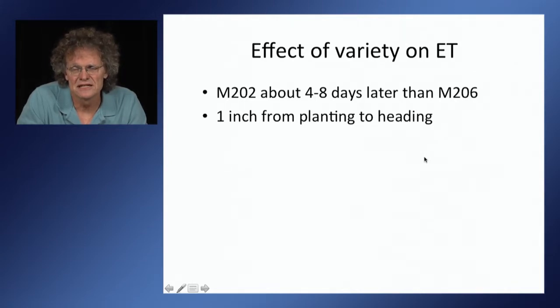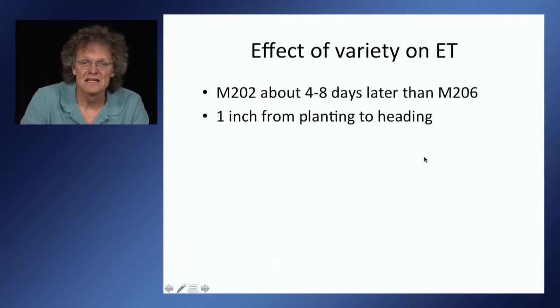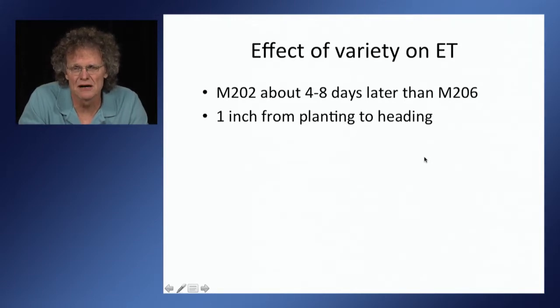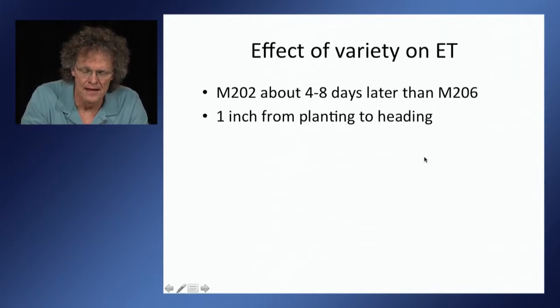M206 requires 4 to 8 days less time to reach heading. Again, looking at the same sorts of assumptions that we used in the previous slide, we're able to save about an inch of water simply by planting a short duration variety such as M206 versus M202.